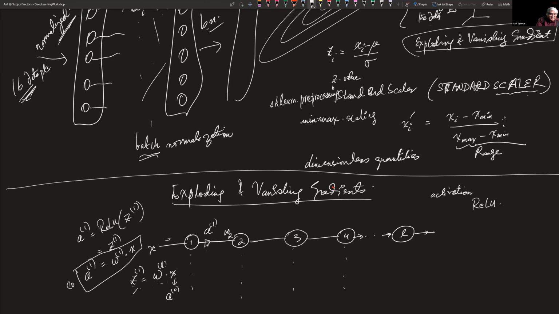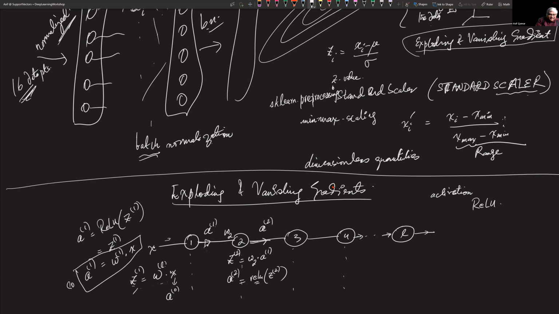Now, in the same way, we can argue that Z of the second layer is W2 times the activation in the first layer, right? And this activation coming out, what is A2? A2 would be the ReLU of Z2. And when you think about it, the gate is either open or closed.